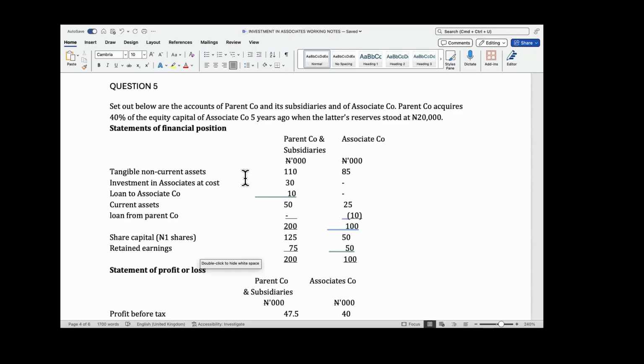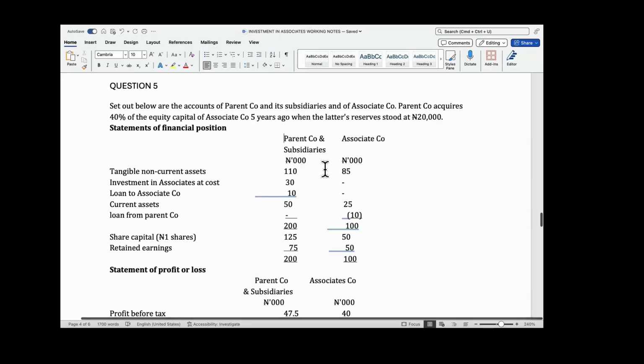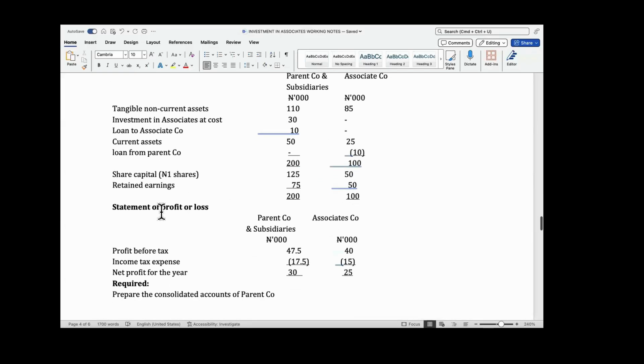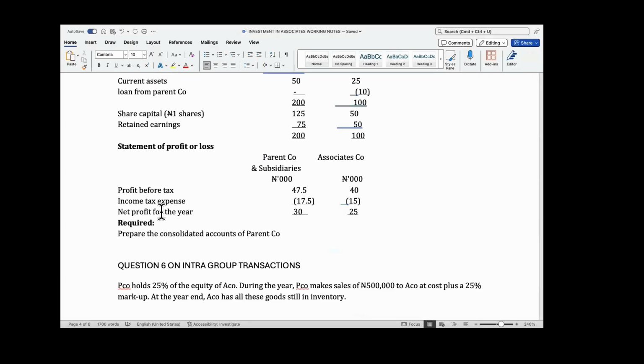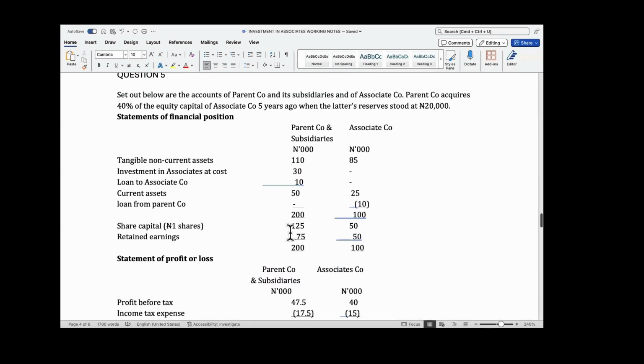So we're given the financial position of the parent and its subsidiaries and that of the associate. We're also given statement of profit or loss of the parent and subsidiaries and the associate. We're now required to prepare consolidated accounts of parent co.